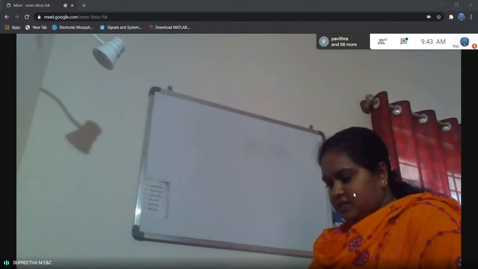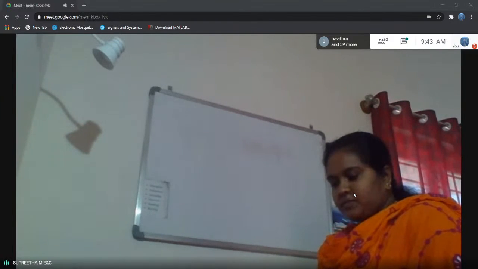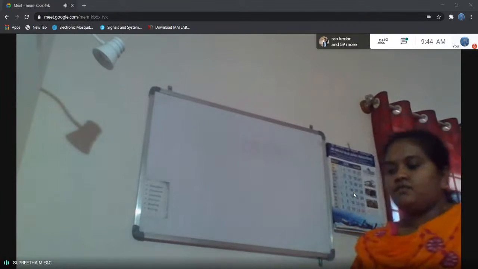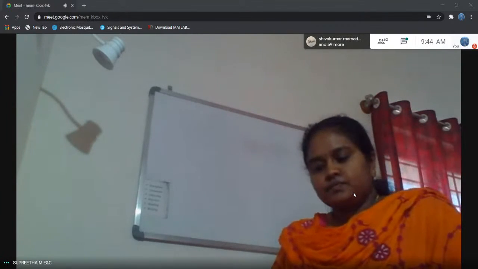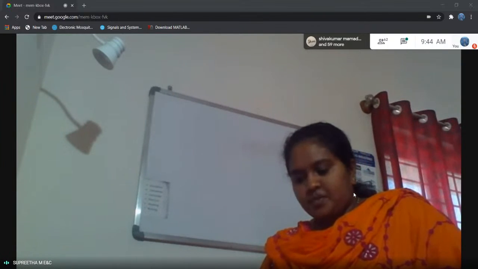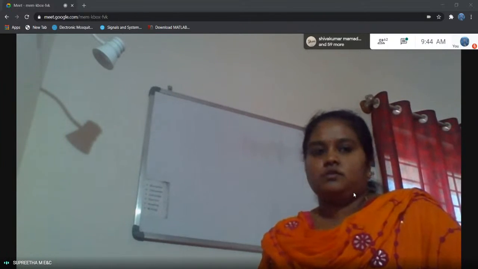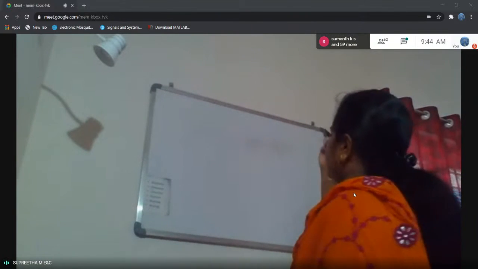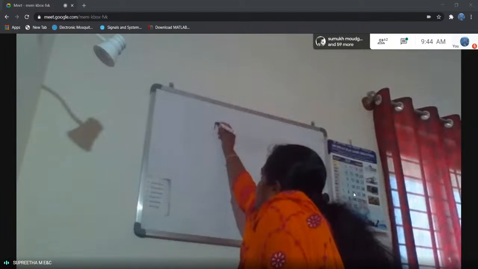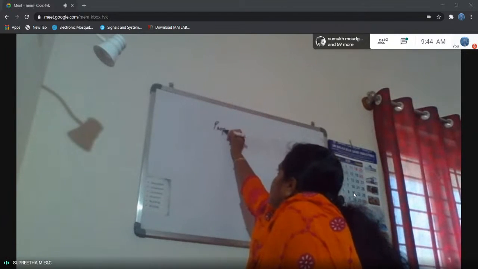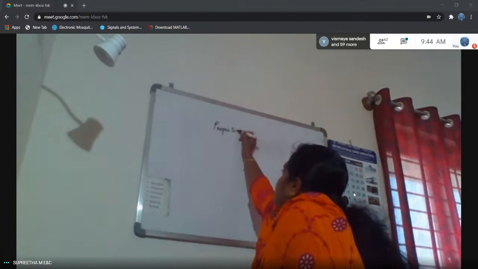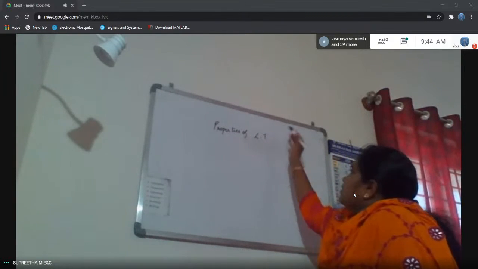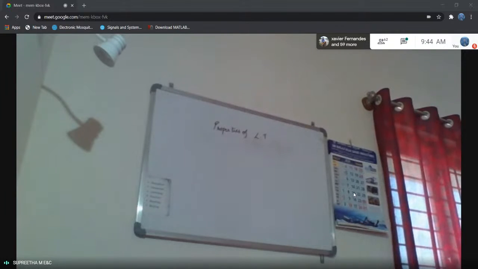So now we will see some of the properties of the linear transformation, and then we will get back to the vector representation of it and so on. Properties of a linear transformation.